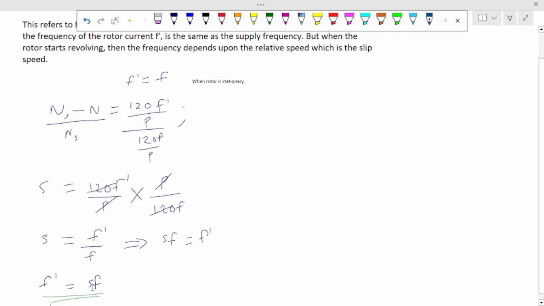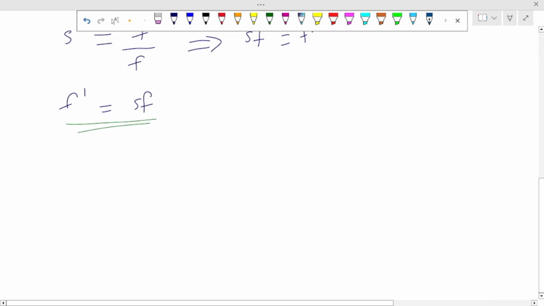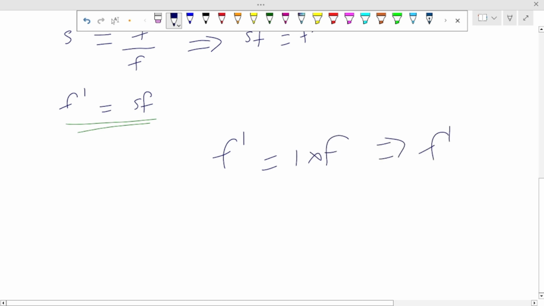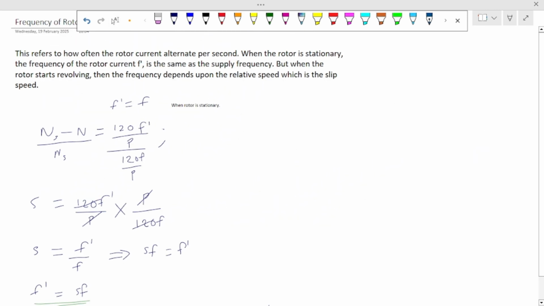Remember that if our slip is unity, that is if our slip is 1, it means it's stationary. So F prime equals 1 multiplied by F, that's just F prime equals F, just like the first thing written here.